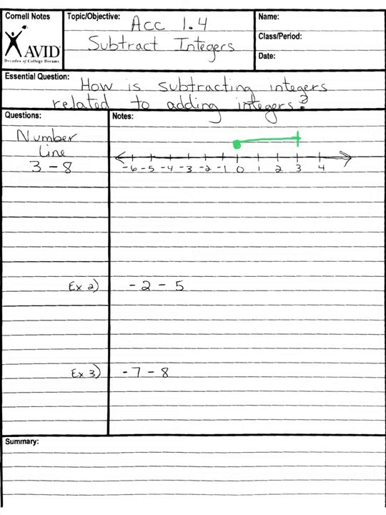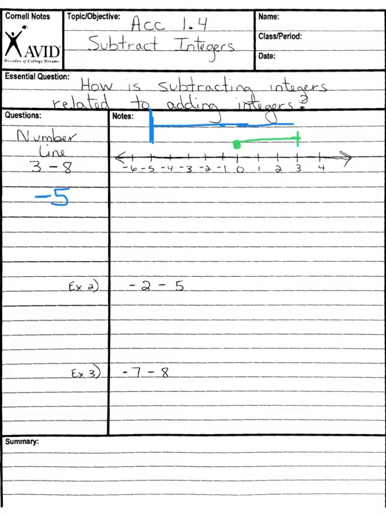So if I go where I left off and I go back 1, 2, 3, I'm back to 0. But then 4, 5, 6, 7, 8. So 3 minus 8 would actually be a negative 5.